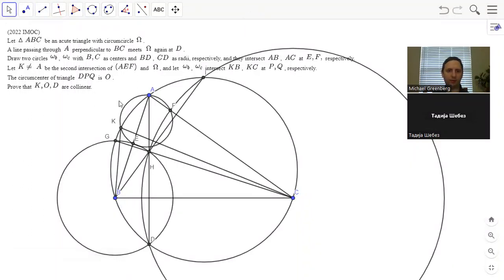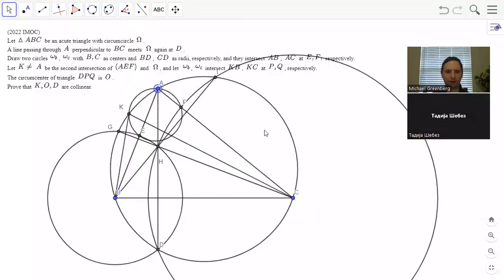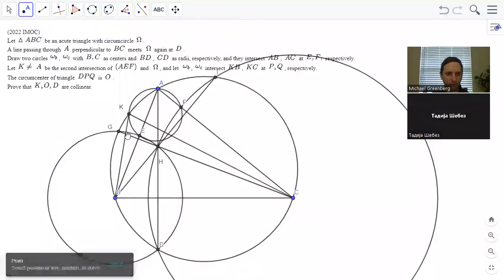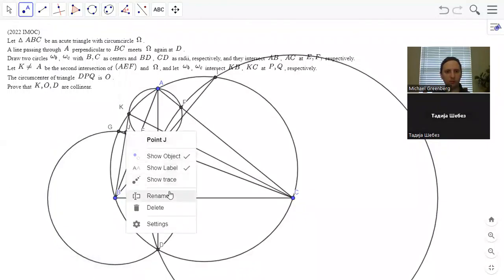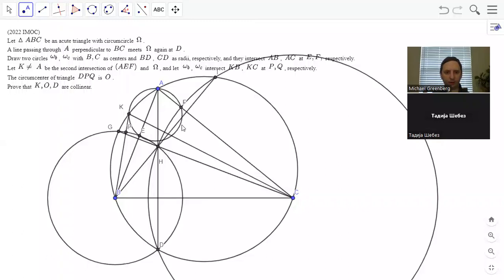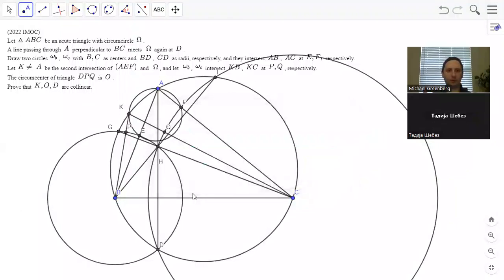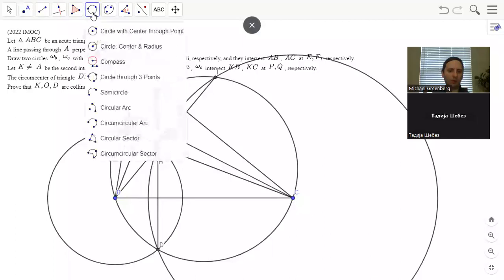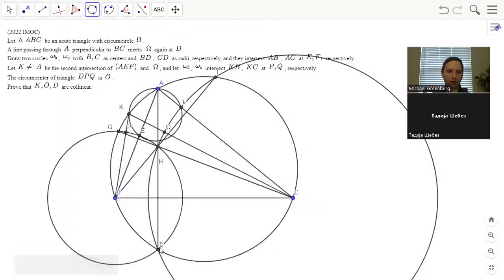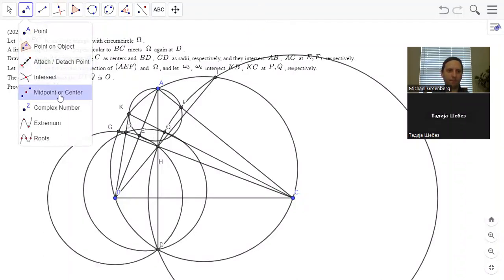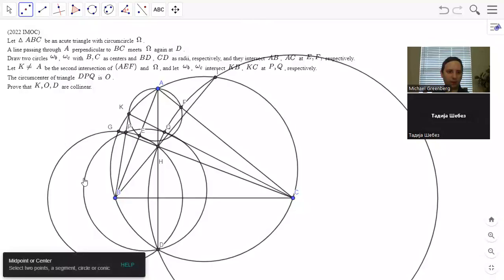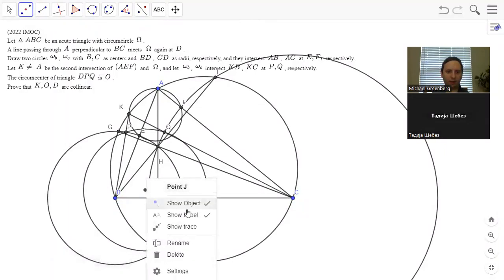There's a lot of information in this problem, I feel like. So this is P, and this is Q. The circumcenter of BPQ is O. So a lot going on here. We want to show that K, O, and B are collinear.